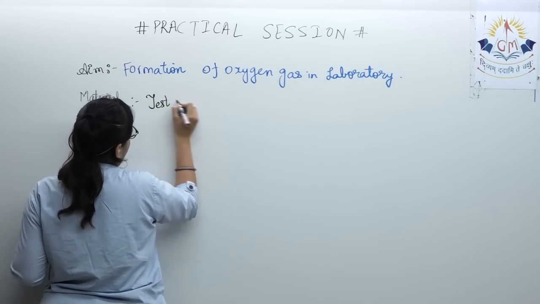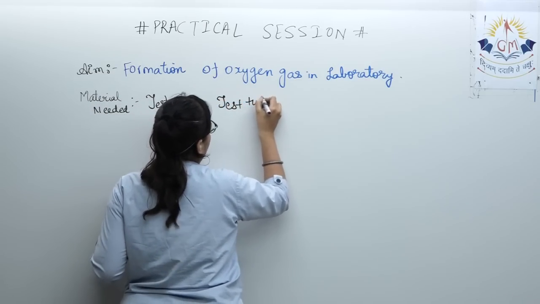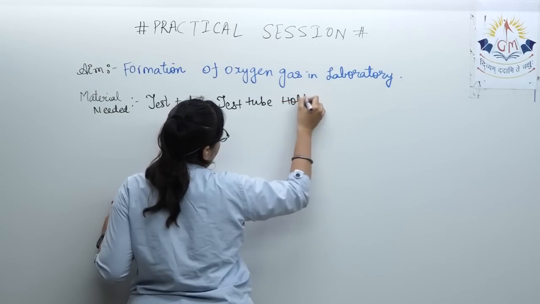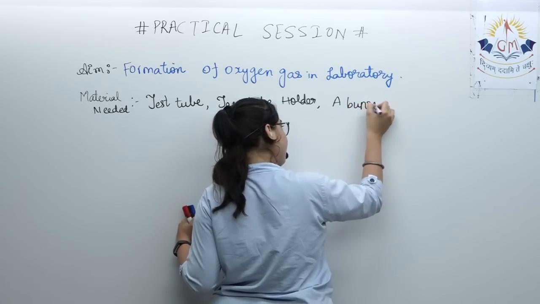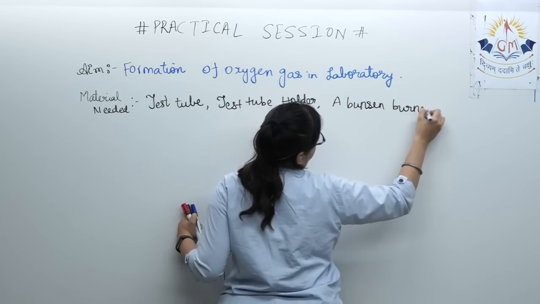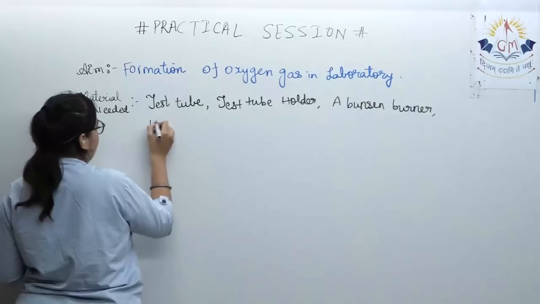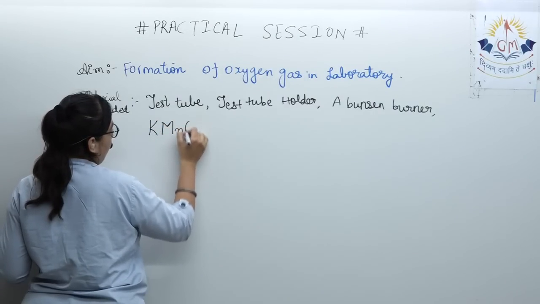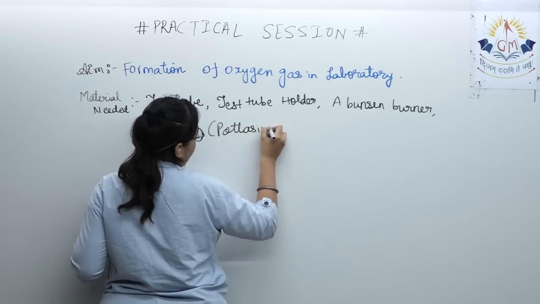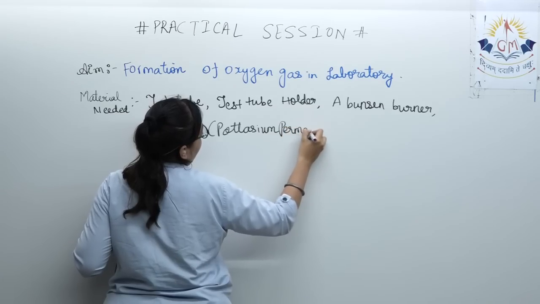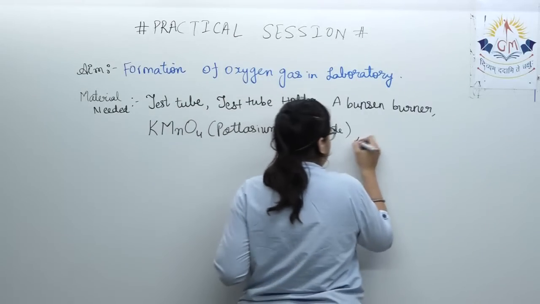Test tube holder, a Bunsen burner, potassium permanganate, that is KMnO4, and an incense stick.